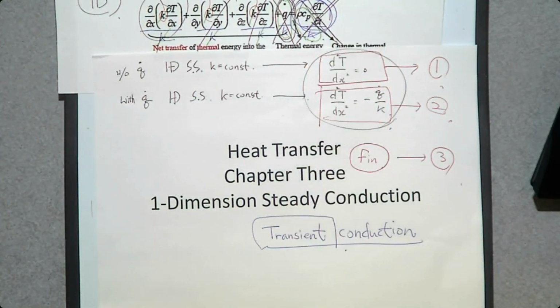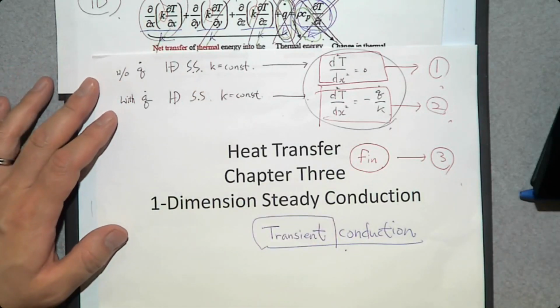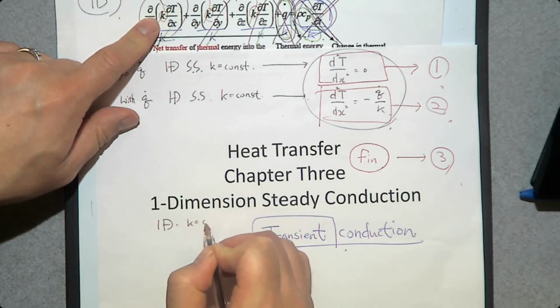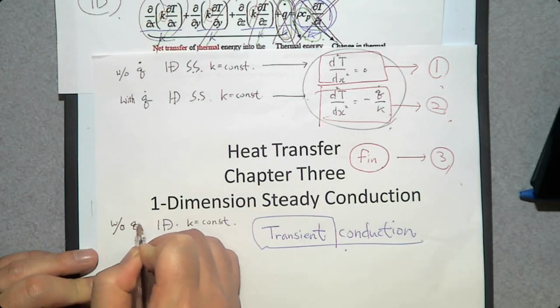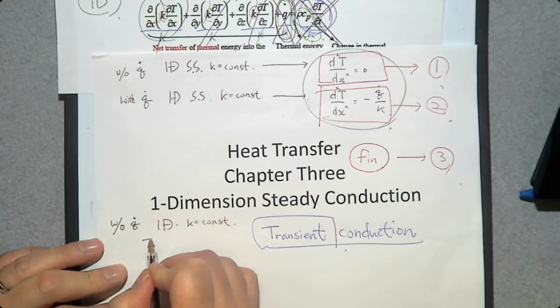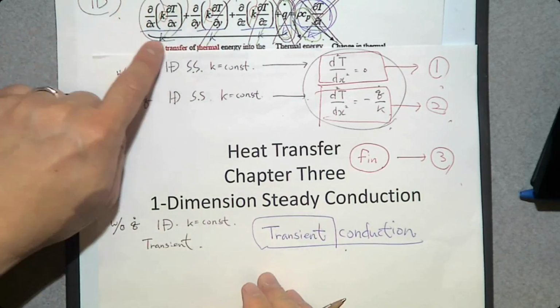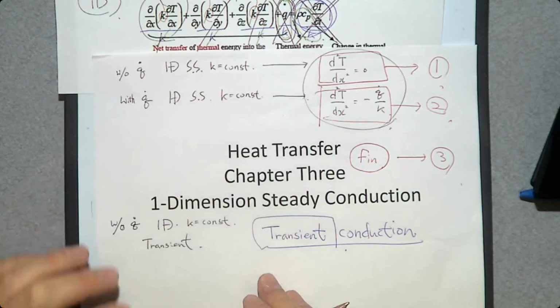So when we go to chapter 5, we are going to study one-dimensional, K is constant, without heat generation, but transient. That is going to be the first term on the left-hand side and the right-hand side.